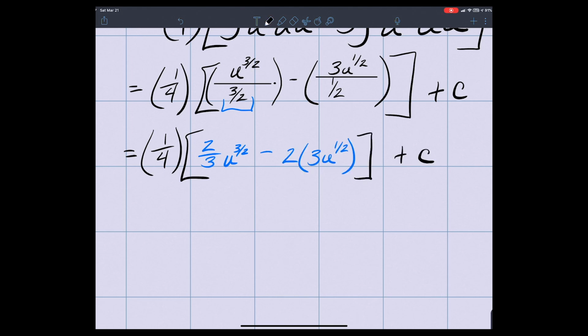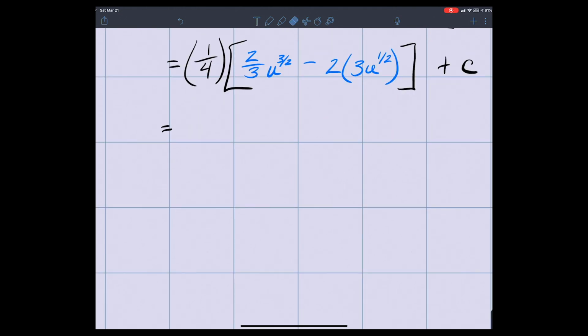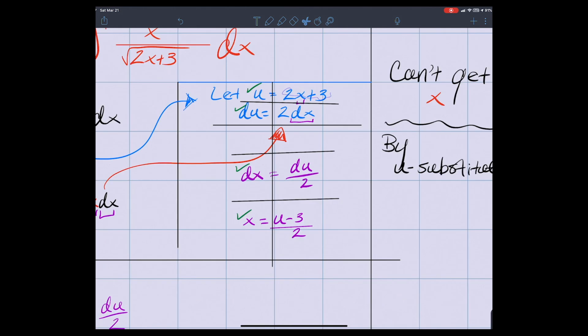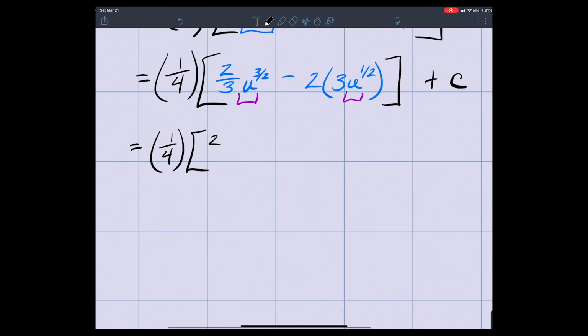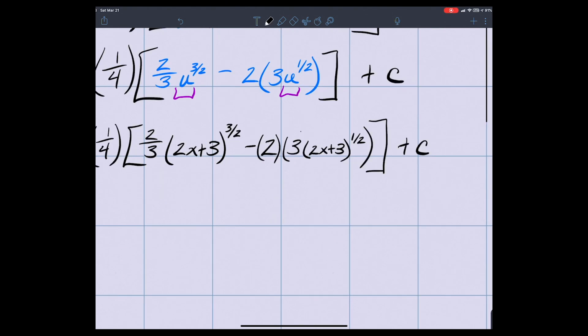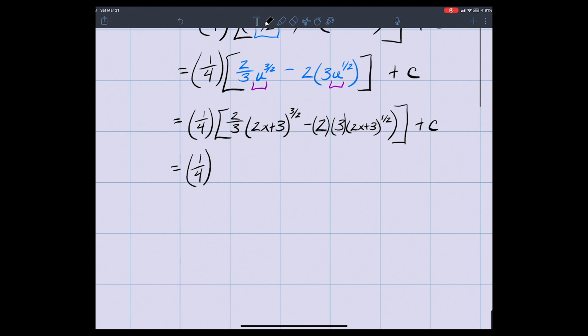plus c. And so now I can start doing something with this. I can substitute the original equation back in for u, which we said 2x plus 3. That's definitely better. So to keep going, distribute 1/4 times 6.